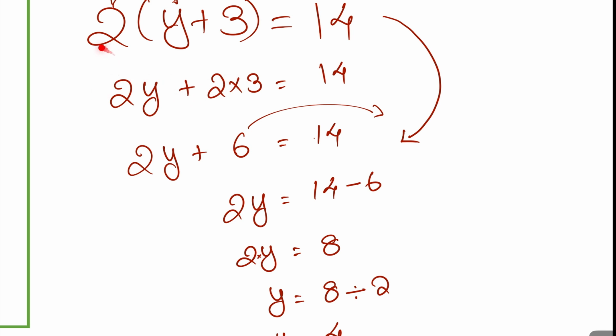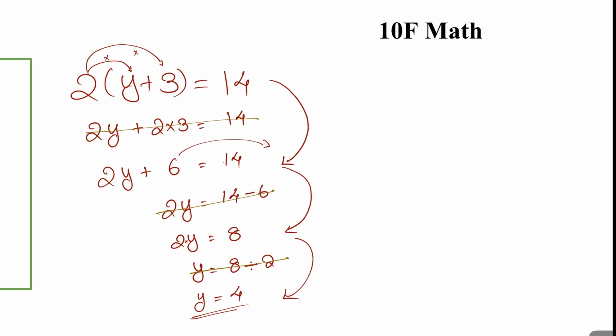So 2 times y is 2y, 2 times 3 is 6. You can directly write down this equation from the first equation. And when you're moving the 6 to the right hand side, that is 14 minus 6, you don't need to show me the step. You can directly write this from the third equation to the fifth equation. You can skip this, you can skip this, and you can also skip this.